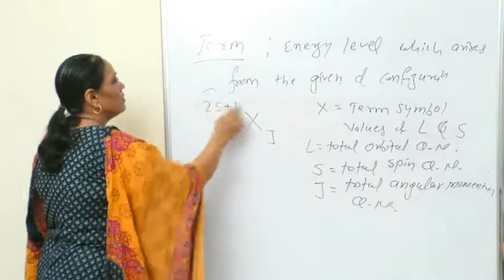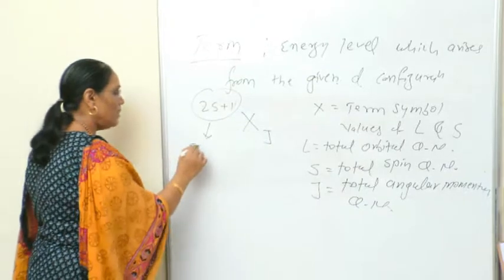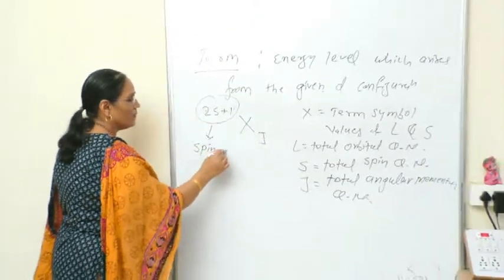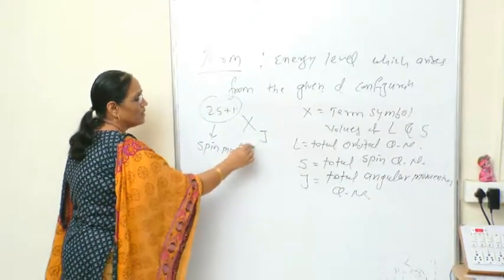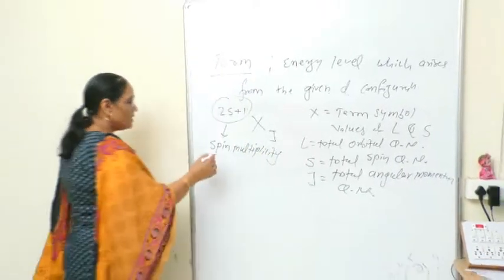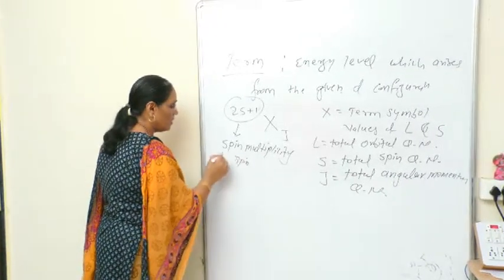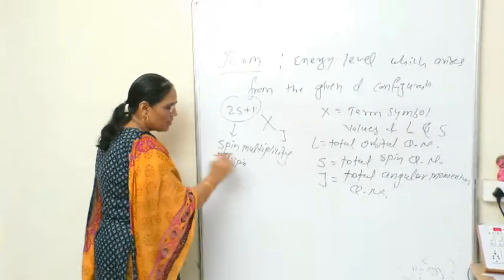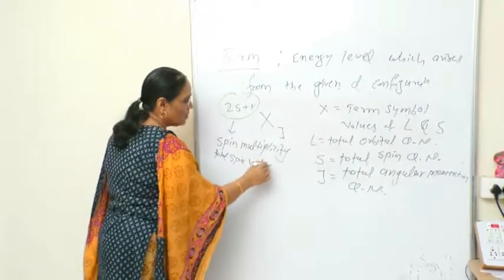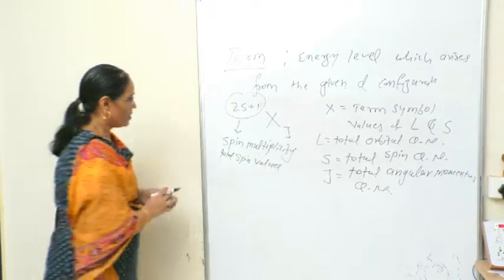Here 2S plus 1 is called the spin multiplicity of the term, meaning the total number of spin values possible for the given electron configuration.